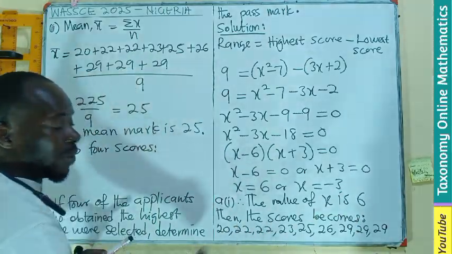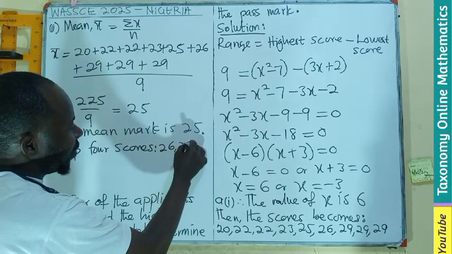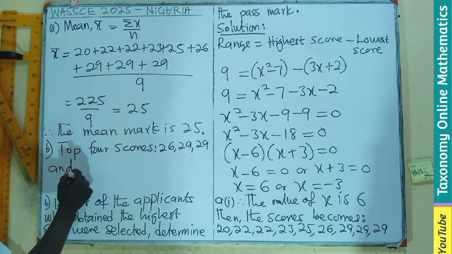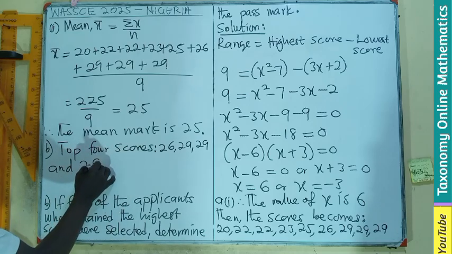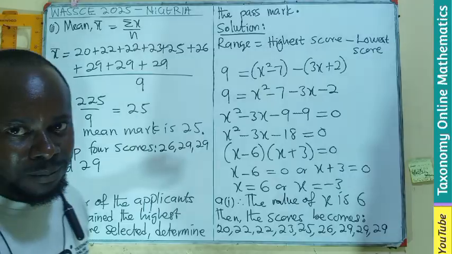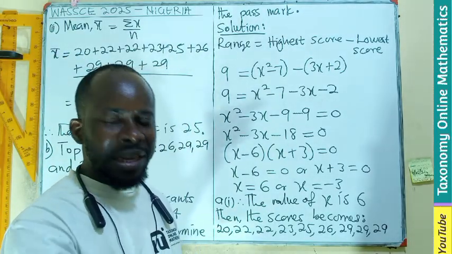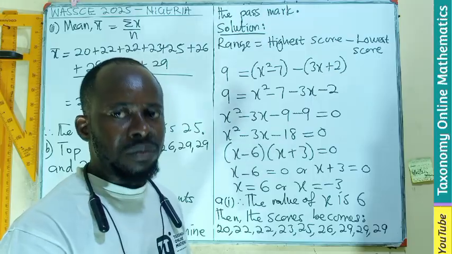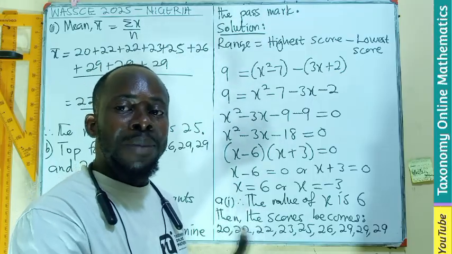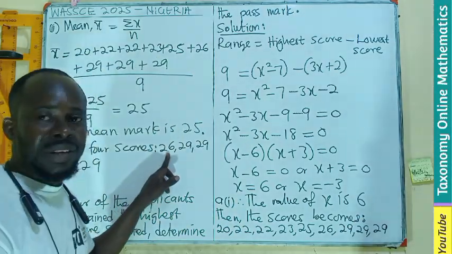These people are all below those people. So we have 26, 29, 29, and 29. In order to find the pass mark, these are the people who were selected. So they are all selected, but the pass mark, the mark that gave them all the chance to be selected, is going to be 26.